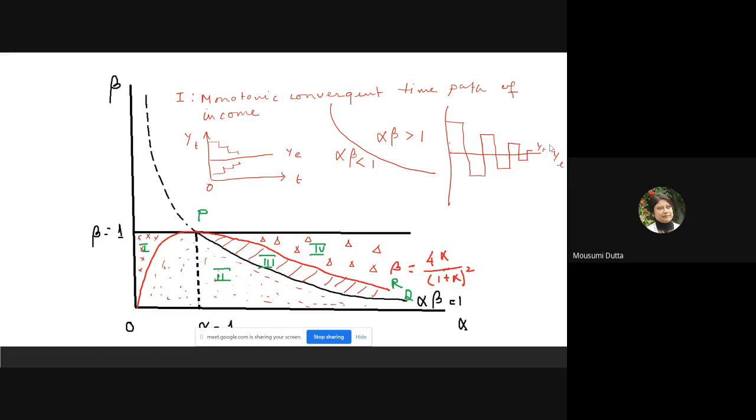Moreover, beta less than 4 alpha by 1 plus alpha whole square, indicating roots are complex conjugates and hence giving an oscillatory time path of income.